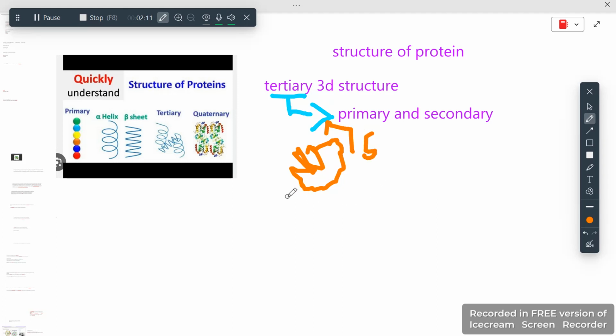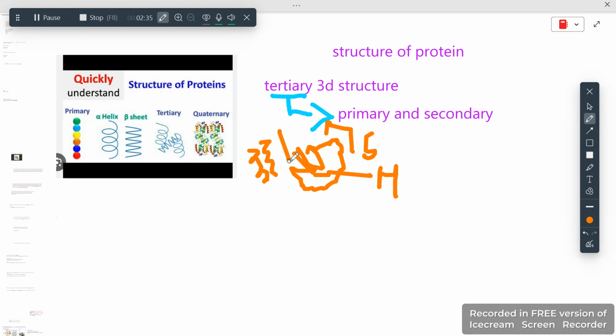This one has hydrogen bonds, and the active site and substrate are made up of both. If I make a curve like this, or like this, these both are secondary.